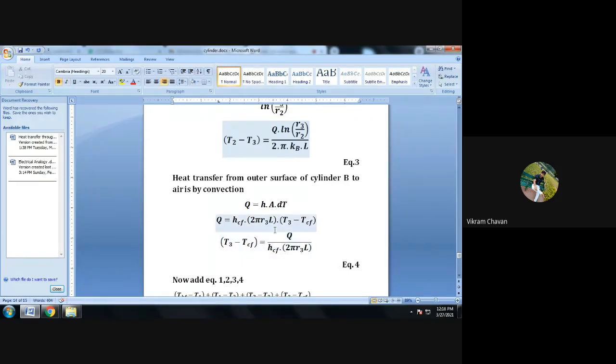So we have kept the temperature difference on one side and shifted the remaining terms to the other side, so that we get the equation as T3 minus T suffix Cf equal to Q divided by H suffix Cf multiplied by bracket 2 pi R3 L. Now we get 4 different equations for the temperature differences.